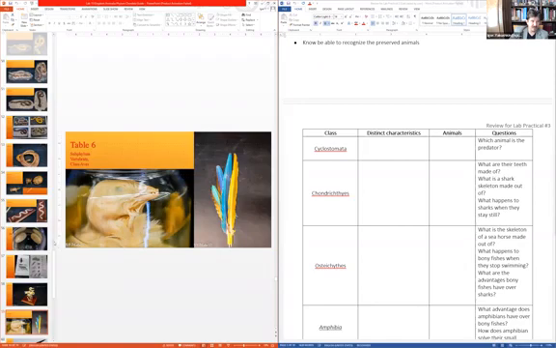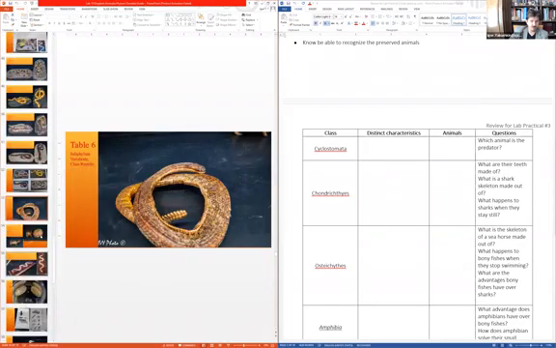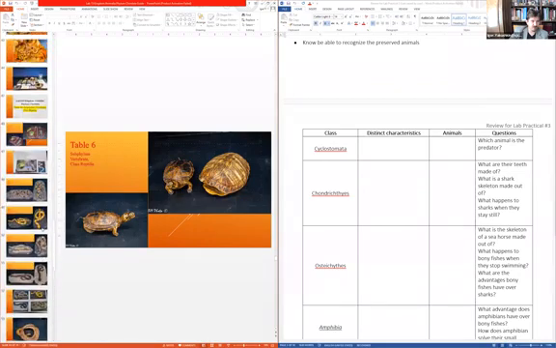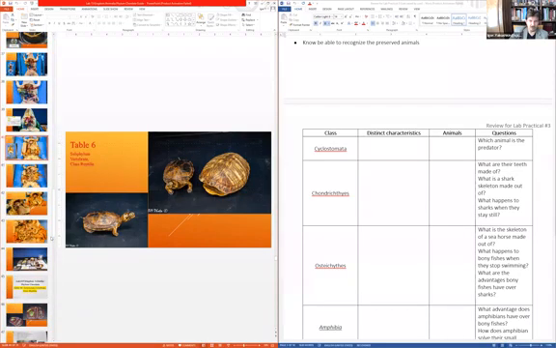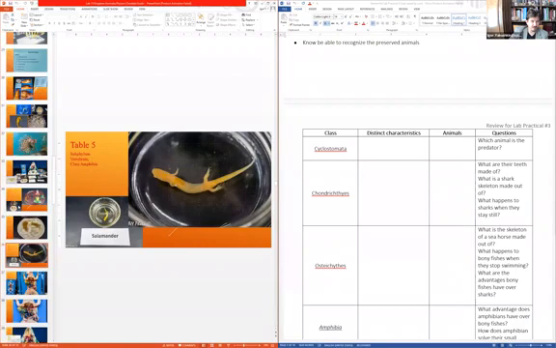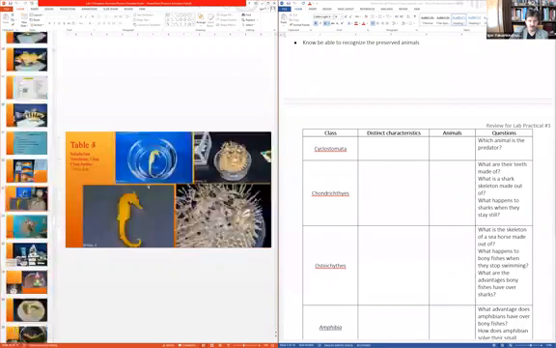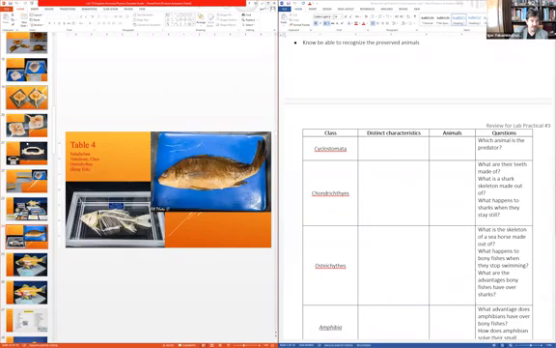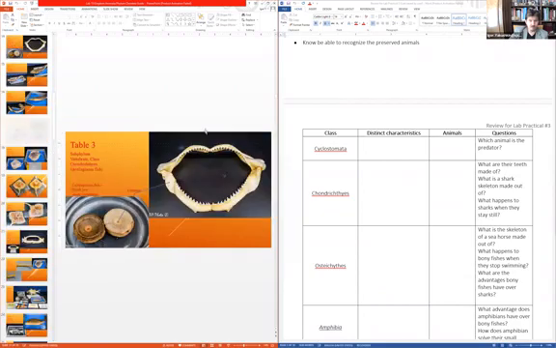There's snake, rattlesnake, tortoise, right? And then we looked at the frog, the salamander, different types of fish, and that's a bony fish, the seahorse, and then the perch, and then of course the skates and the sharks.